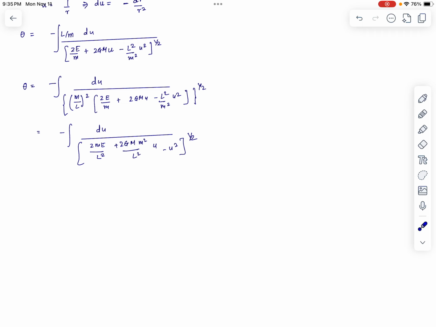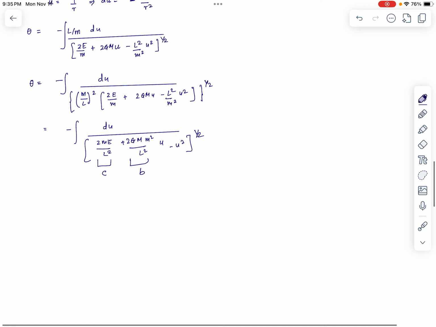So we set this as b, we call this as c, and there is no coefficient of u square, okay. So the denominator here can be trivially written as c plus bu minus u square.